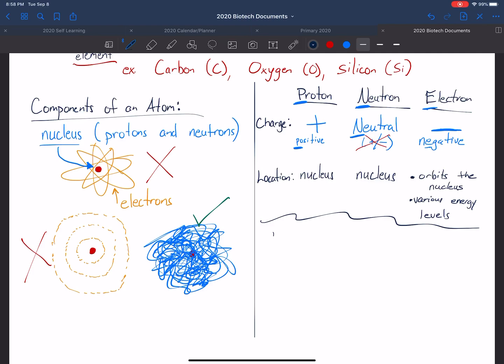Here's just a couple of other atom facts. These don't fit into that category, but are still good for you to know nonetheless.